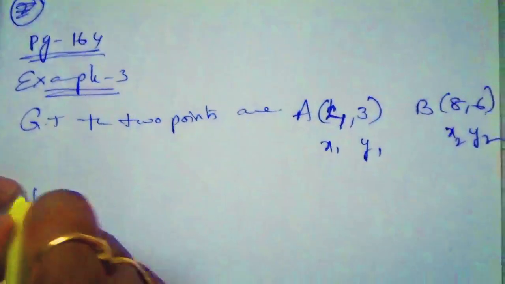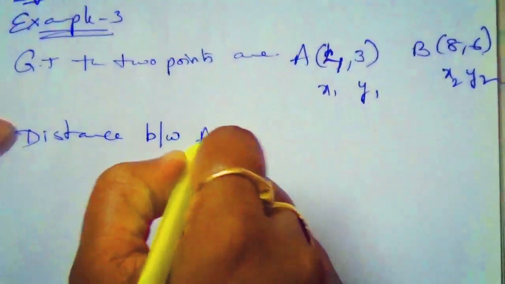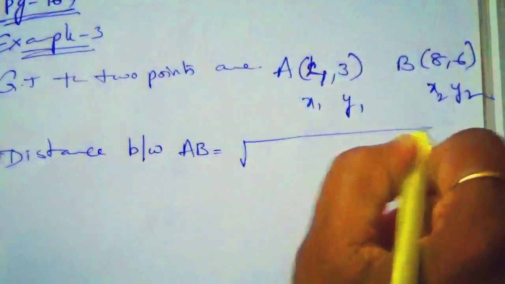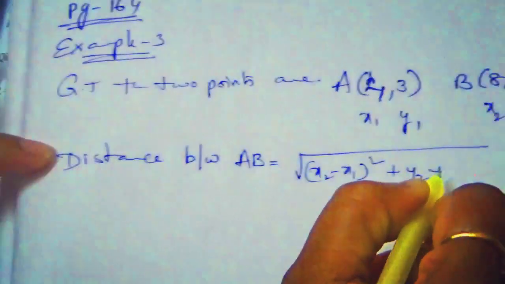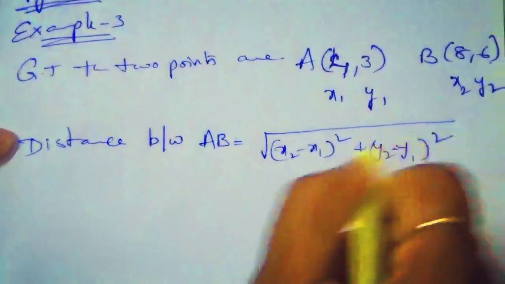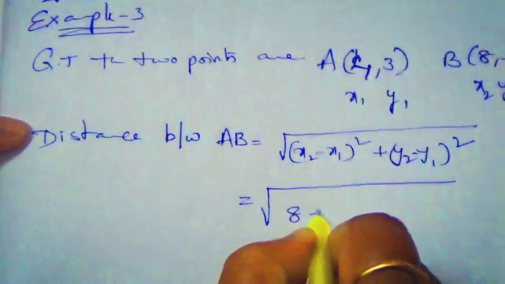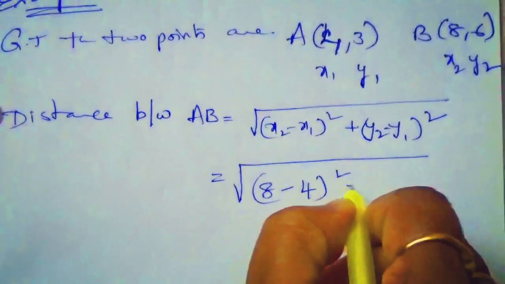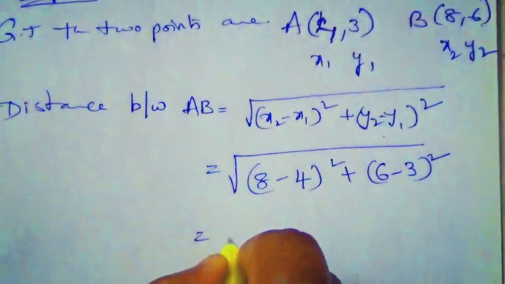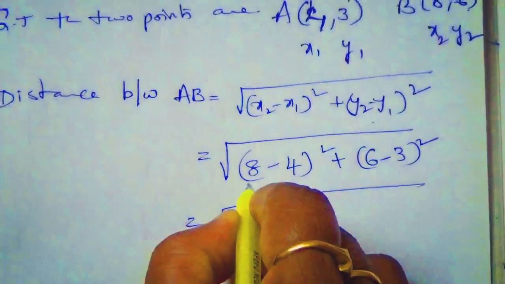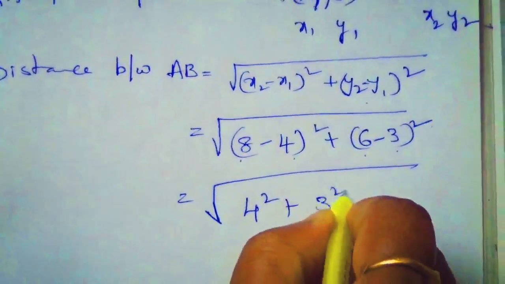What is the distance formula? Distance AB is equal to the square root of (x2 minus x1) whole square plus (y2 minus y1) whole square. We substitute: (8 minus 4) whole square plus (6 minus 3) whole square, which is the square root of 4 square plus 3 square.